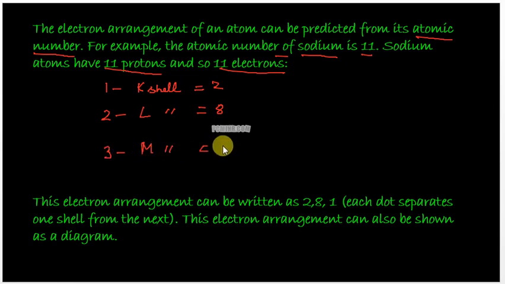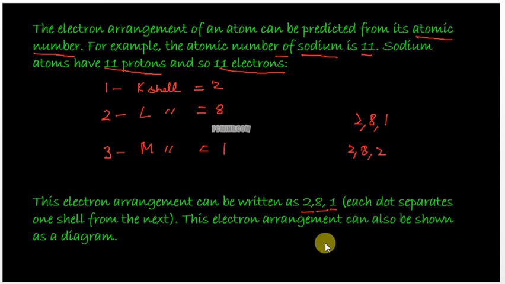You cannot put that 11th electron in the L shell because it can accommodate only a maximum of 8 electrons. So this electron arrangement is written as 2, 8, 1. Similarly for magnesium, its atomic number is 12, so you'll have 2, 8, 2.